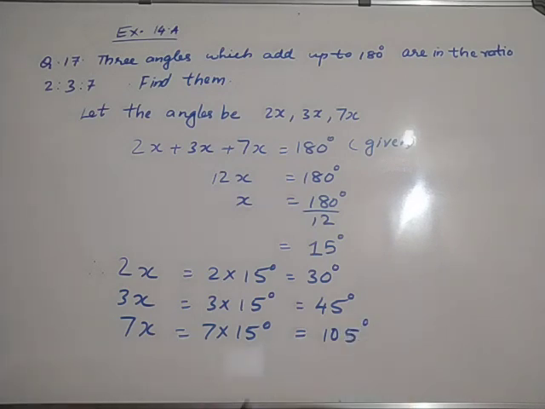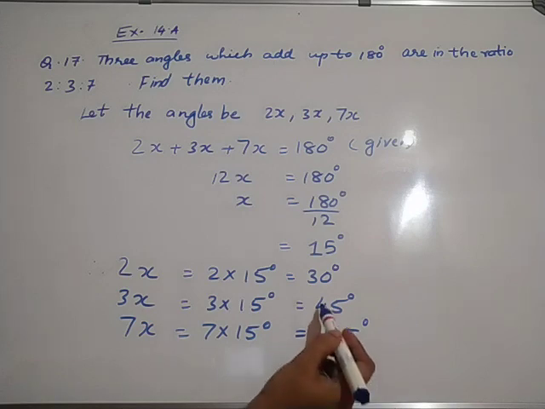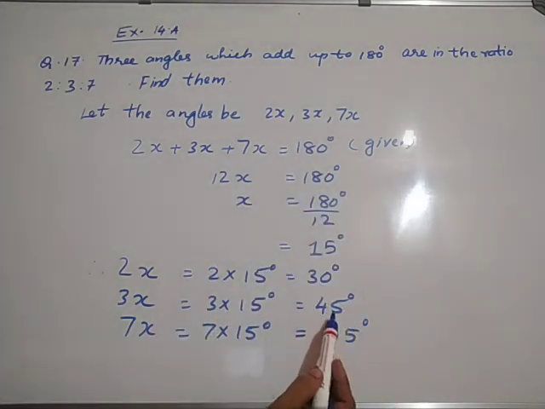Let us check whether the sum is 180 degrees or not. When we add 30, 45 and 105 degrees, we obtain the sum 180 degrees. It is given that the sum must be 180 degrees. Understood this problem? Okay, now question 18.